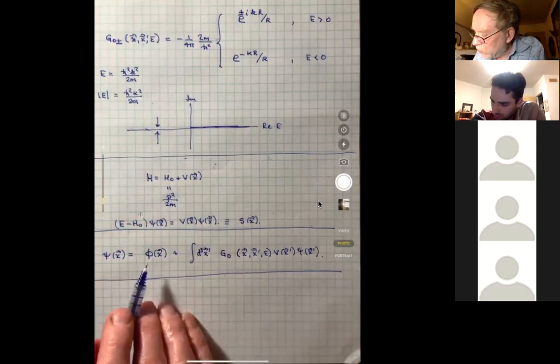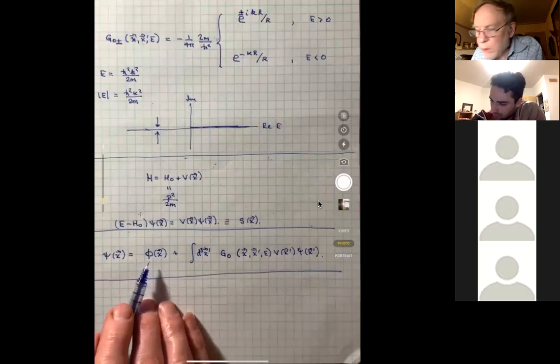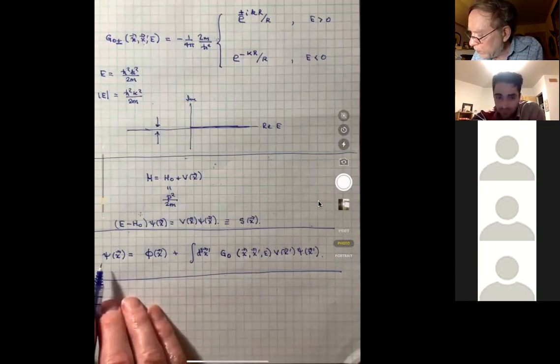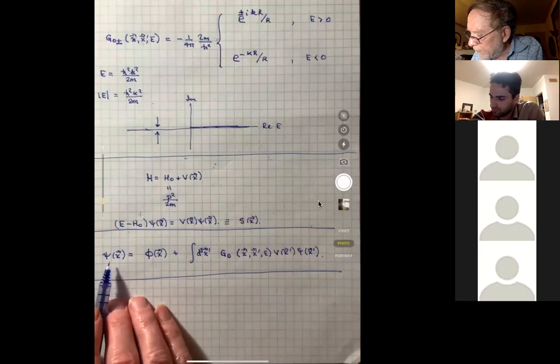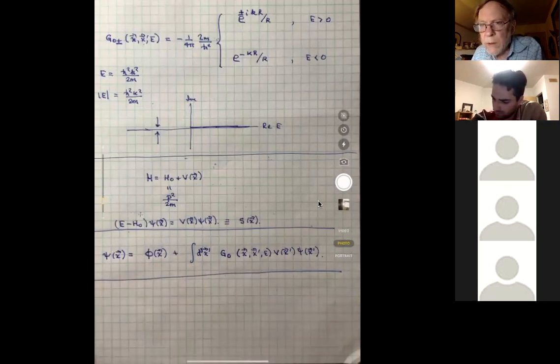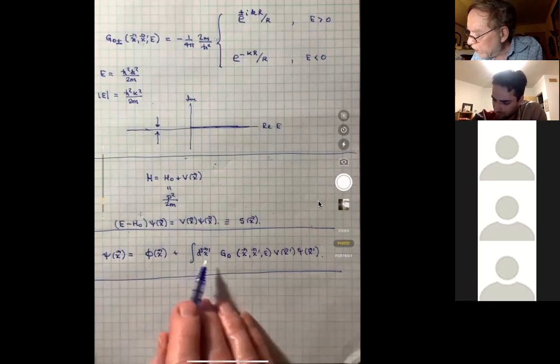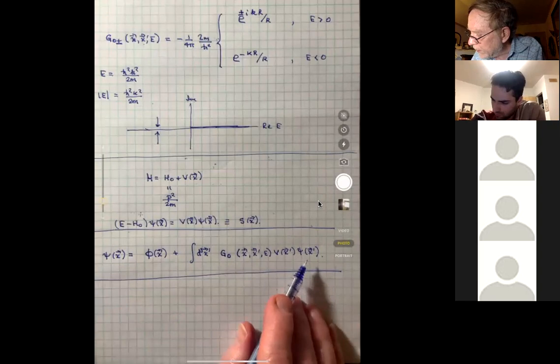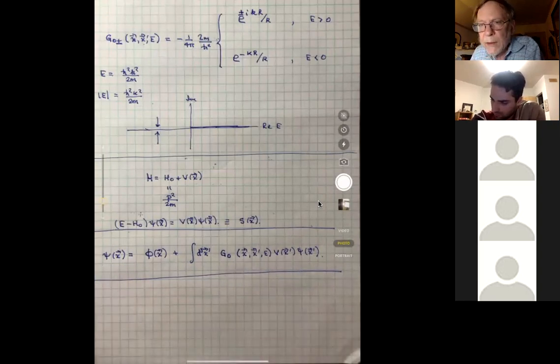Okay, so for any choice of the free particle solution, and for any choice of a Green's function for the free particle, this gives us an equation for psi, for a solution of the Schrodinger equation. However, this equation that I've written down is not a solution for psi because the psi appears on the right-hand side as well as on the left-hand side.